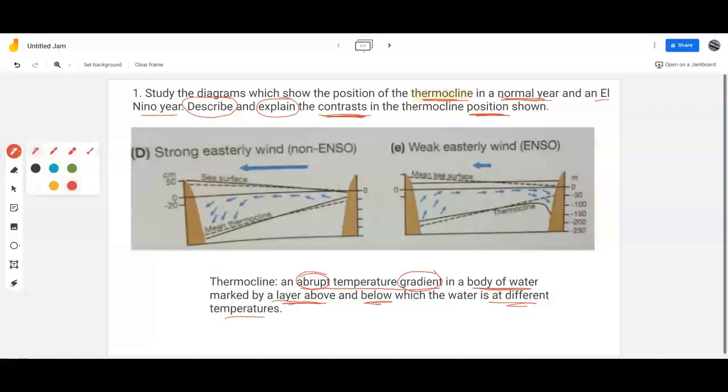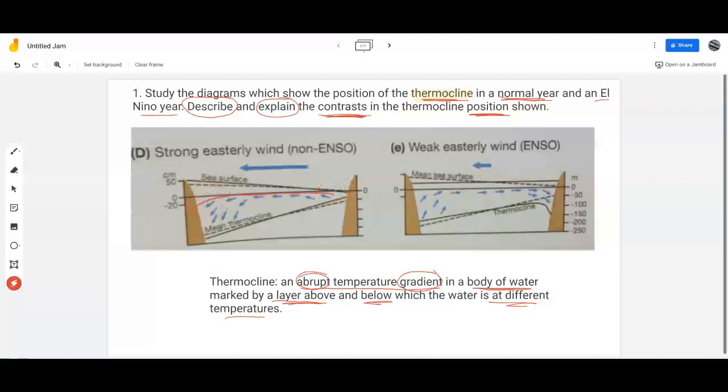Let's take a look at these diagrams here. What you should know from your theoretical understanding of El Nino is that during a non-El Nino year, during a normal year, you have the easterly trade winds, which are pushing the warm water from the east towards the west.